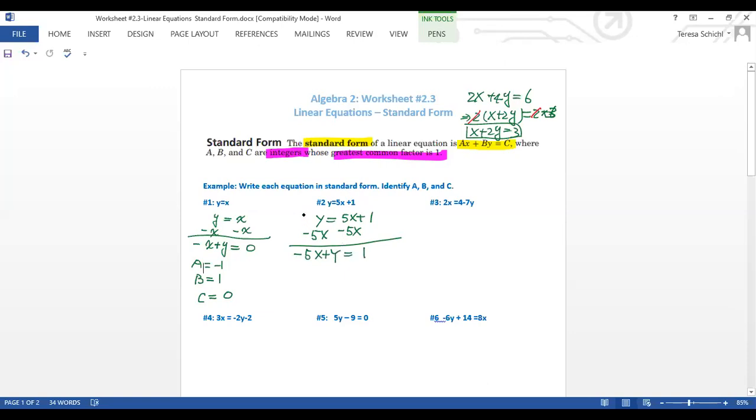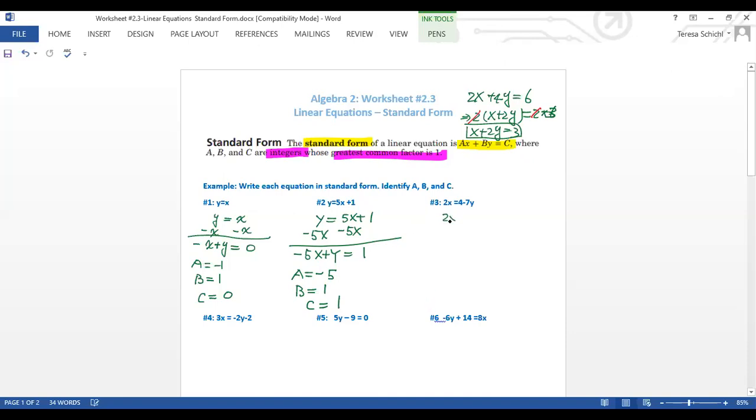A is the constant of x, so a is negative 5. B is the constant in front of y, so b is 1. C is the constant on the right-hand side, so c is 1. Very good.